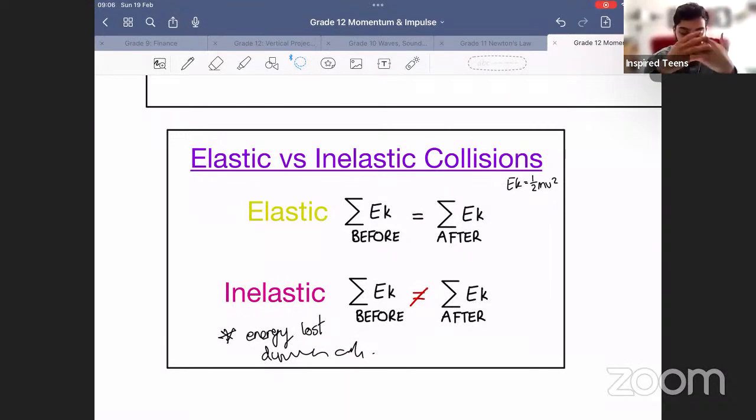Okay, just a practical example. Energy lost. What in the world was I trying to type? Oh, I'm supposed to type out energy lost during contact. Just for a practical example, an elastic collision is not really realistic in the world.